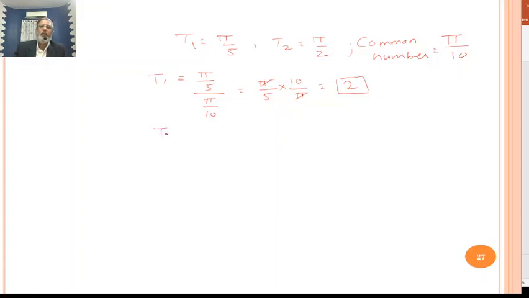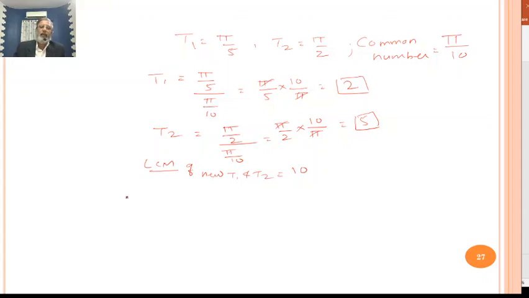Then T2 is pi by 2 divided by pi by 10, which equals pi by 2 into 10 by pi. Pi will cancel out. This is 5. Now these are the new T1 and T2. Then find out the LCM of these new T1 and T2. LCM is 10.